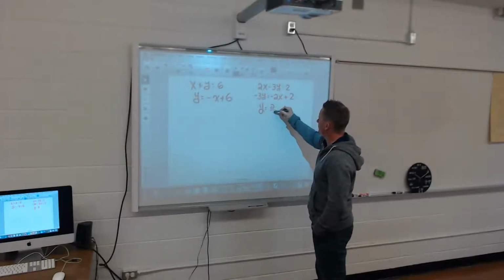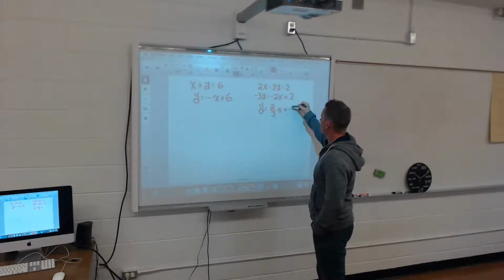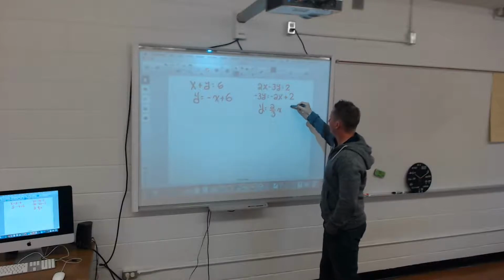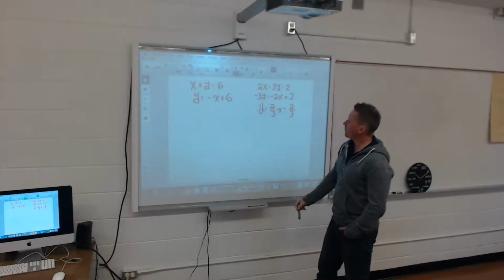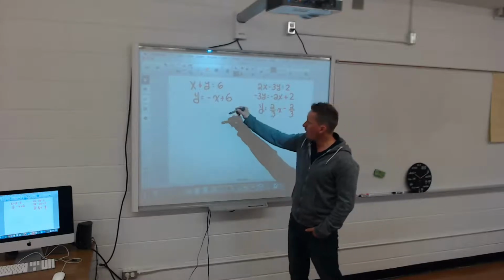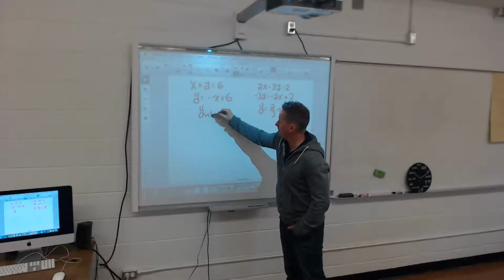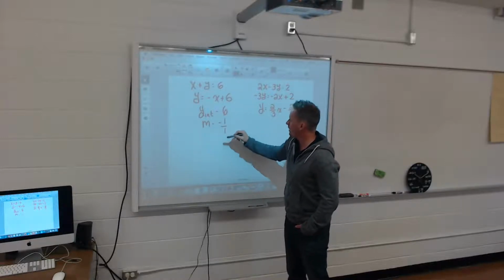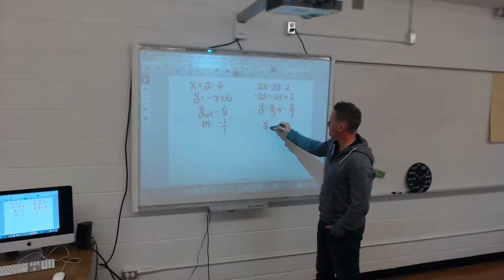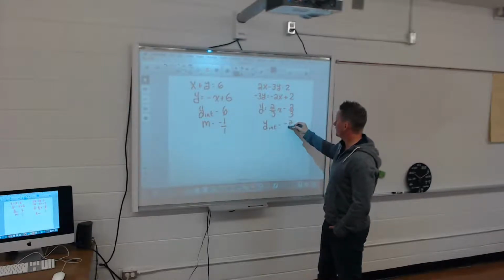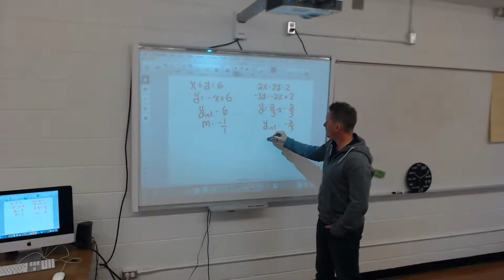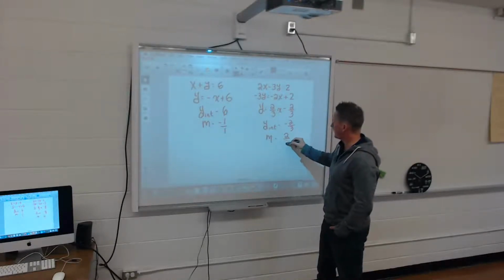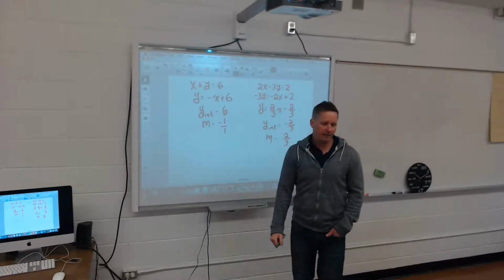So that's y equals 2x minus 2/3. So the y-intercept for this guy is 6, and the slope is negative 1/1. The y-intercept here is negative 2/3, and the slope is 2/3. So I could graph both of those.